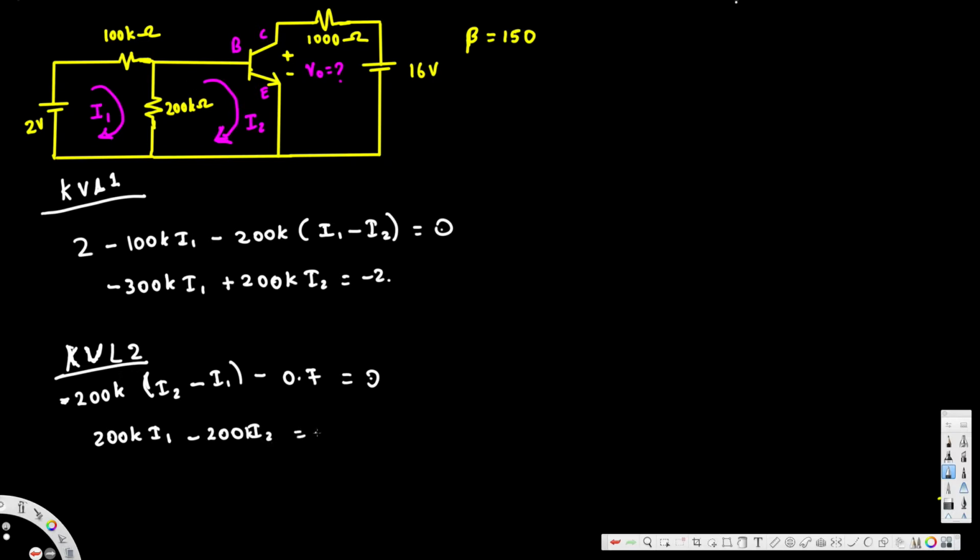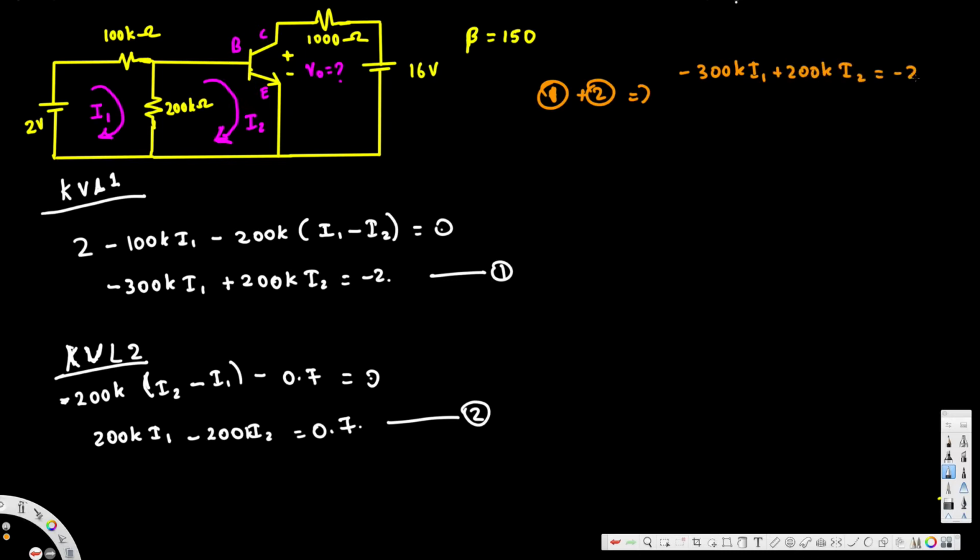That's equal to 0.7. Now what we have to do is we just have to add, let's say this equation number 1, let's say this equation number 2. If we add these two together, 1 plus 2, this is going to become minus 300k I1 plus 200k I2 is equal to negative 2.